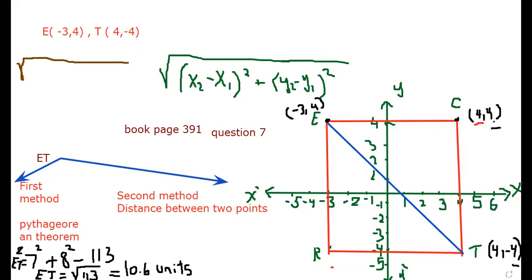We will classify first. So the first one is called x1 and this is called y1. Second, this is x2 and this is y2. Agree with me? So this is x1, y1, x2, y2. Then x2 minus x1. Khadija, can you answer?